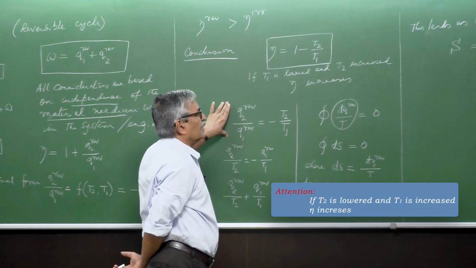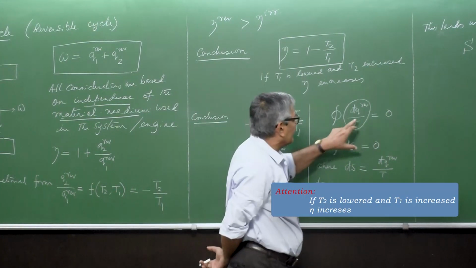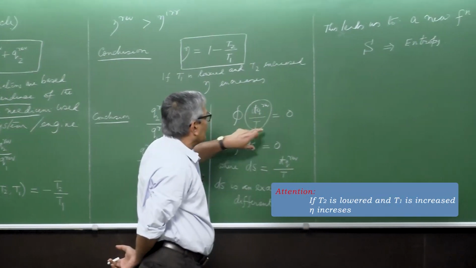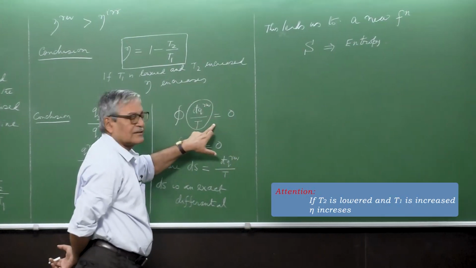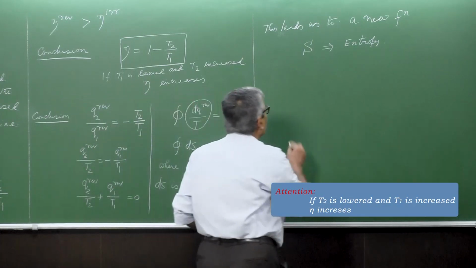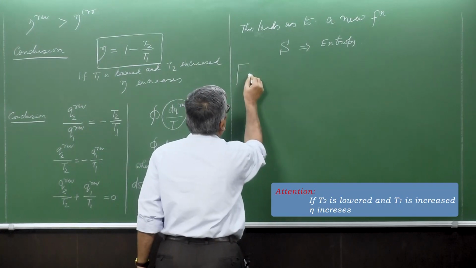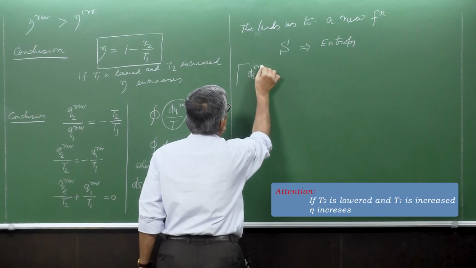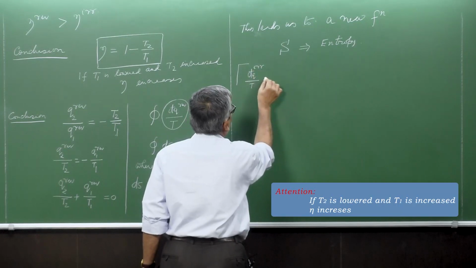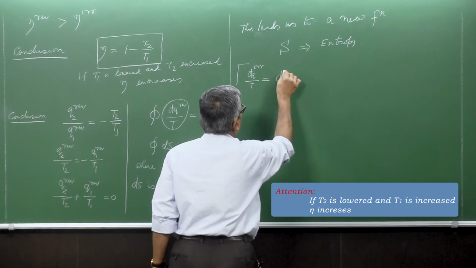But note that if it is irreversible, then we cannot write such a relation. In that case, I cannot write it. Just a note that dq irreversible by T is not equal to d of some x.